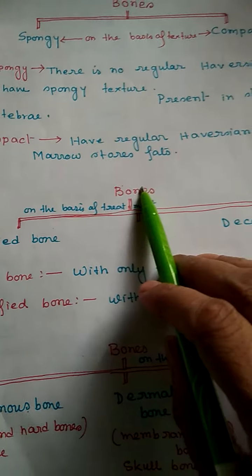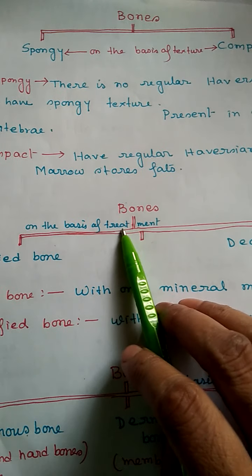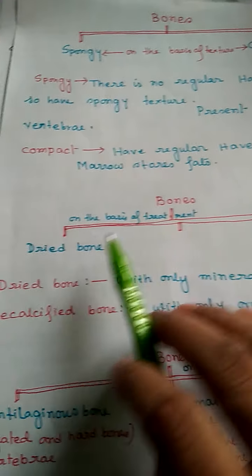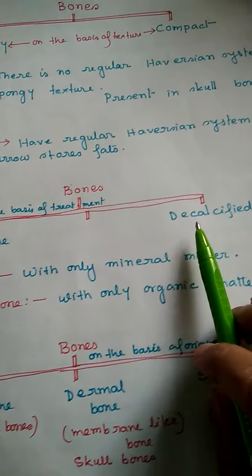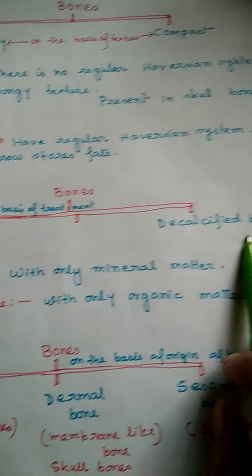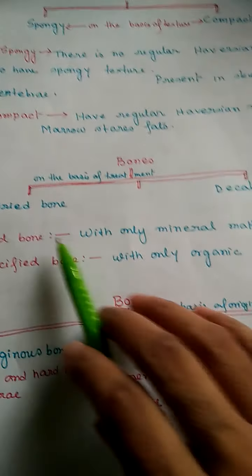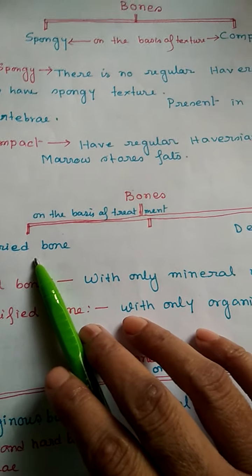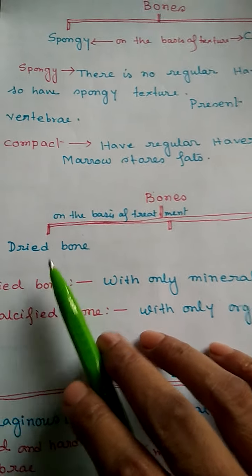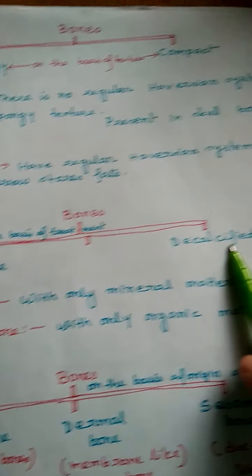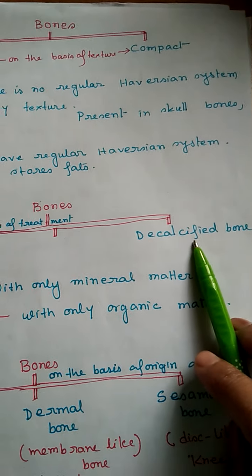In case of the bone, on the basis of treatment, these are dried bone and decalcified bone. The dried bone has only the mineral matter, and the decalcified bone has only the organic matter.